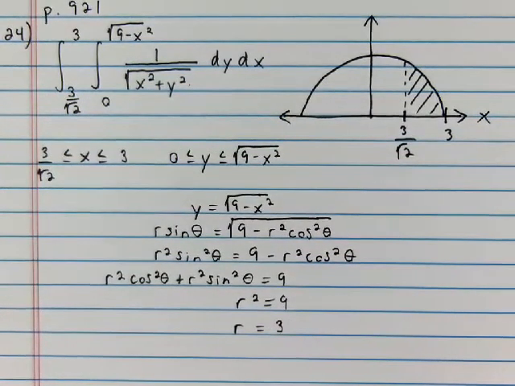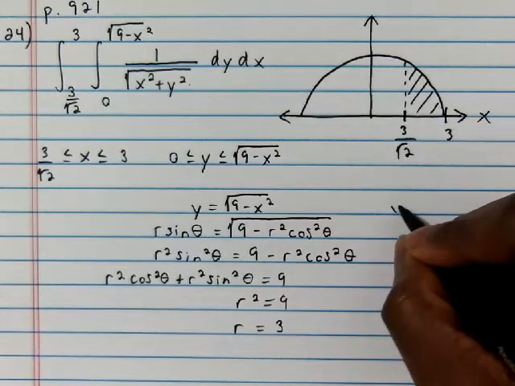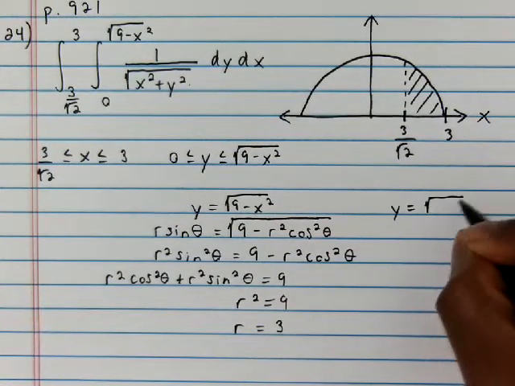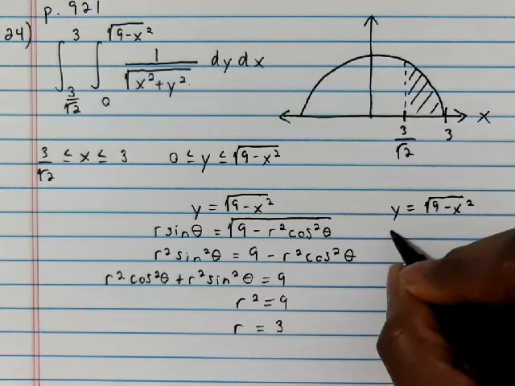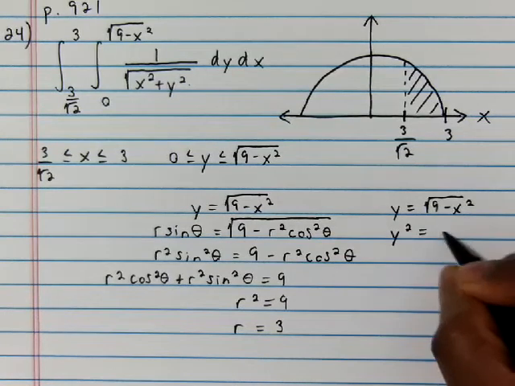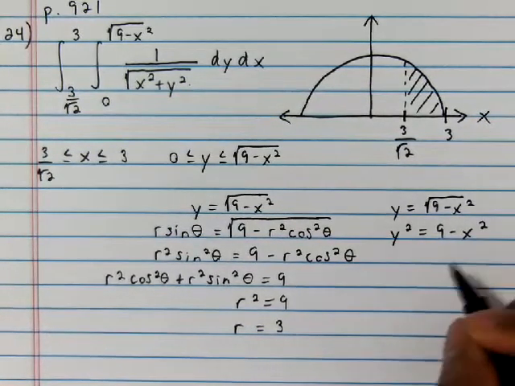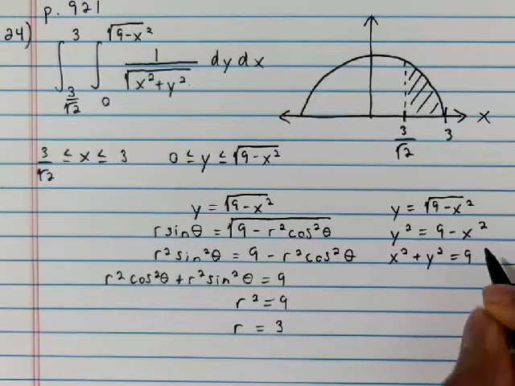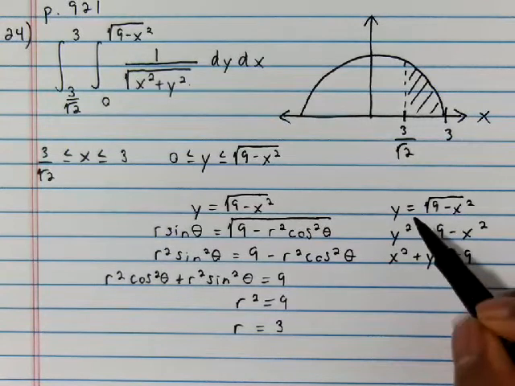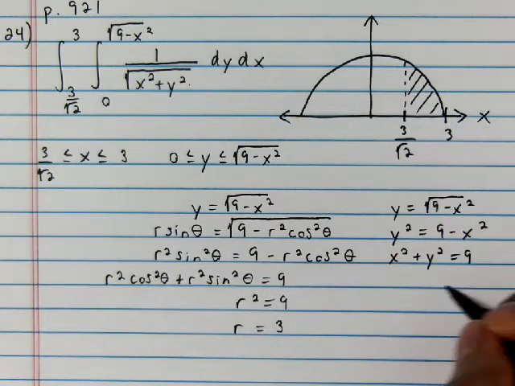So we could have gone through and gotten it that way. Or you could also square both sides here: y squared equals 9 minus x squared. And this is a more familiar realm to work in, which is x squared plus y squared equals 9. This is what we basically did in our head to get that semicircle up there in the first place.